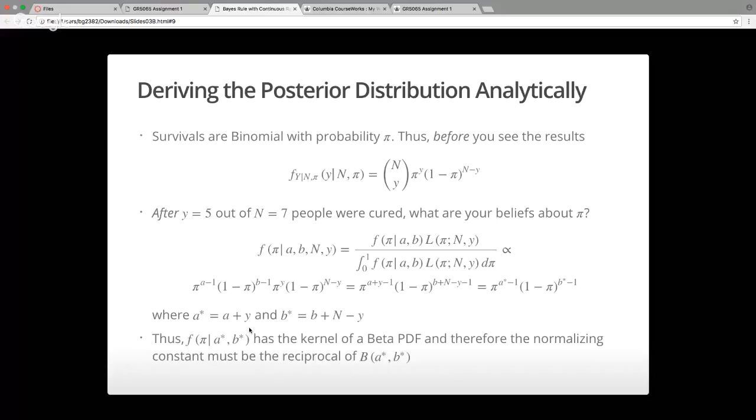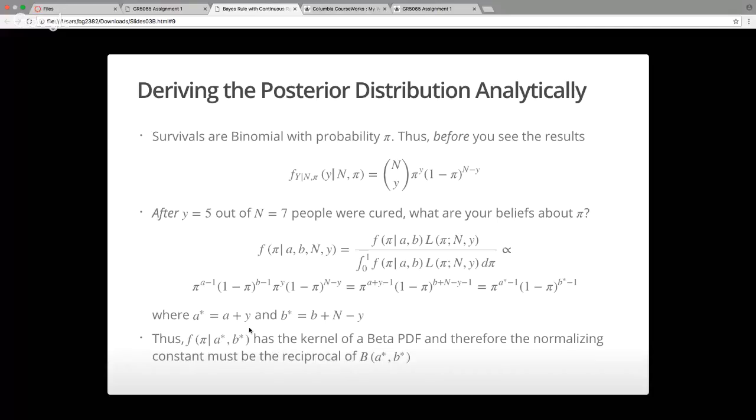The prior distribution in this case was a beta distribution. But now with the posterior, having seen the data, it's an updated beta distribution with parameters a star and b star rather than a and b, which are the parameters we put in the prior to start with.